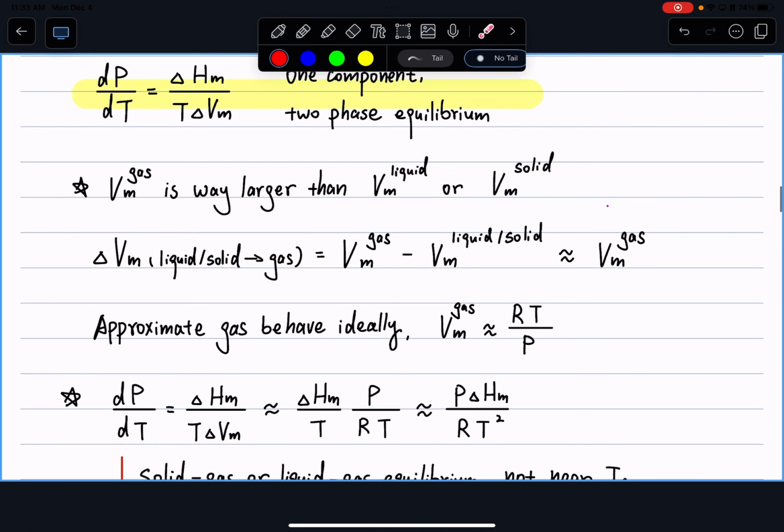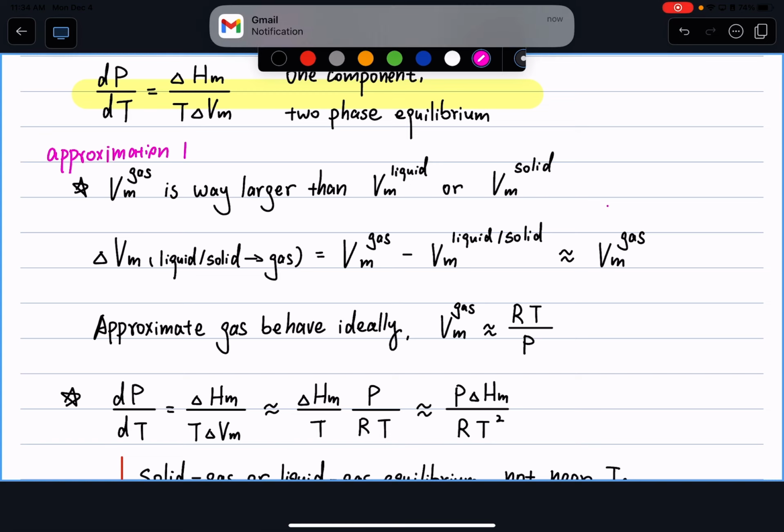The first approximation we're making is the molar volume of your gas is going to be way larger than the molar volume of a liquid or the molar volume of a solid. So that's our approximation 1. All right, so molar volume of your gas is way larger than your molar volume of liquid or solid.